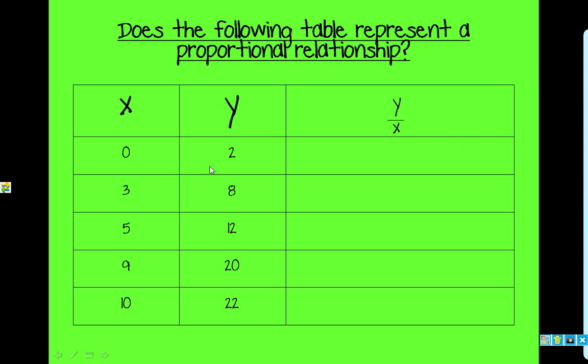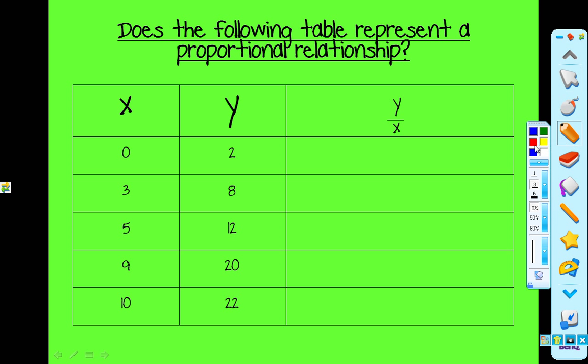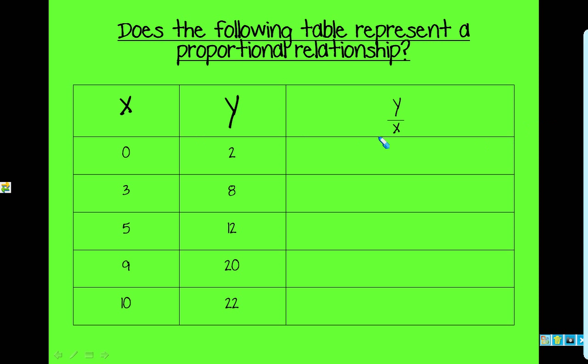Okay, let's try this one here. Here, our y is 2 and our x is 0. Well, if you know anything about fractions, this is undefined. You cannot divide anything by 0.